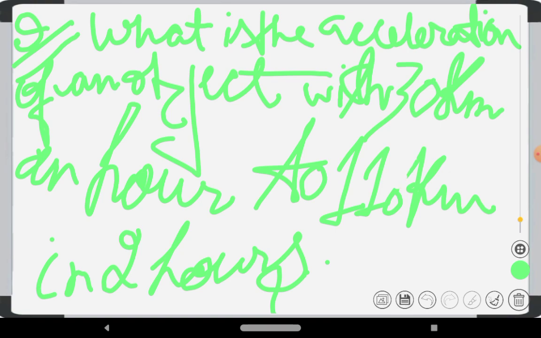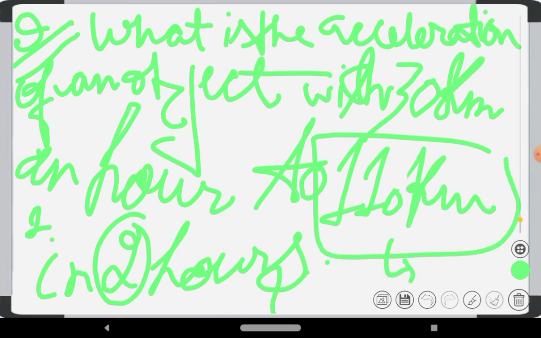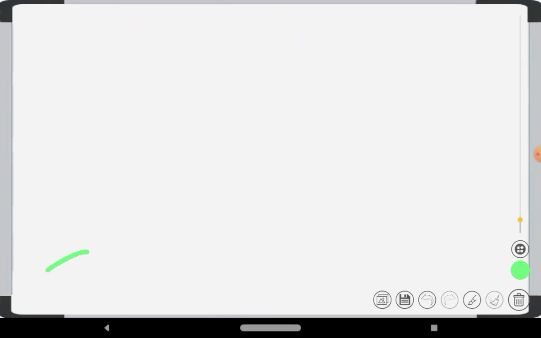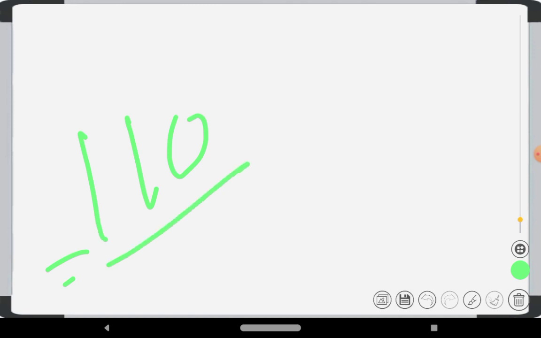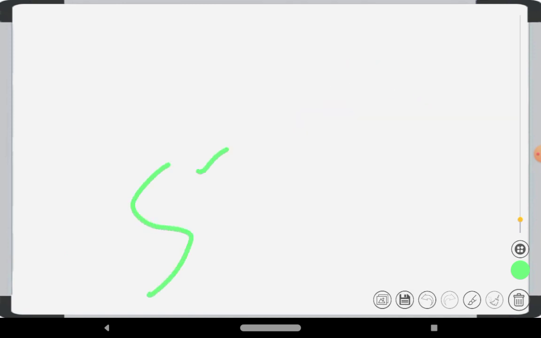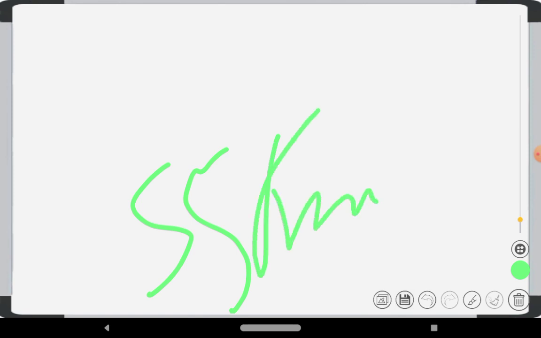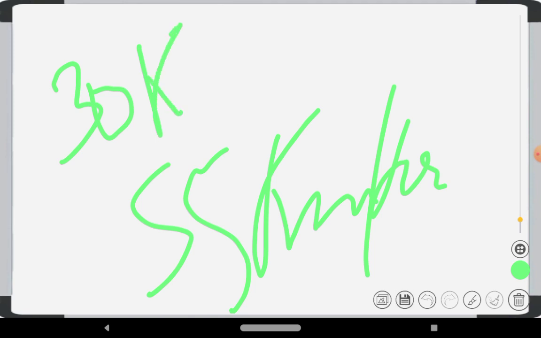This question is pretty confusing, so we have to convert this into a 1 hour speed. The 1 hour speed will be 110 divided by 2, which is equal to 55. So 55 kilometers per hour will be our 1 hour speed, and 30 was our initial speed.